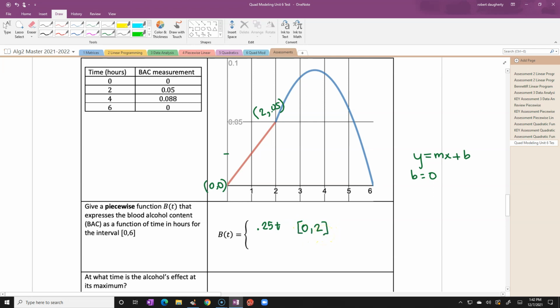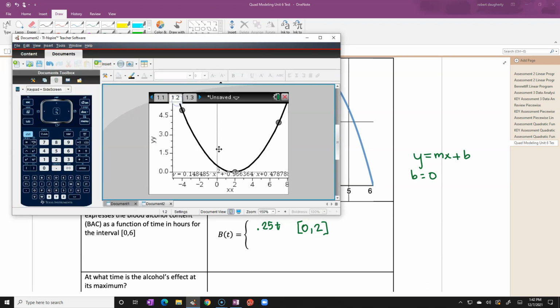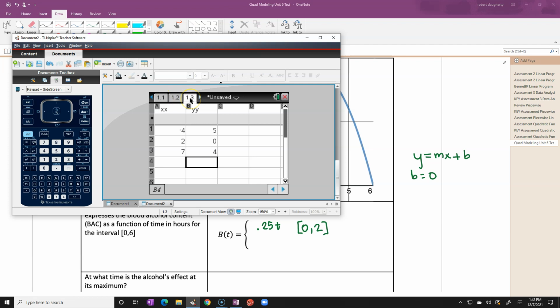Now the next part is a parabola. Well, what do we do with parabolas? How do we figure the equation? Well, if I give you 3 points, you can come up with a parabola. So let's just go back to our list and spreadsheet. Where did I have that? And let's just put those points in.